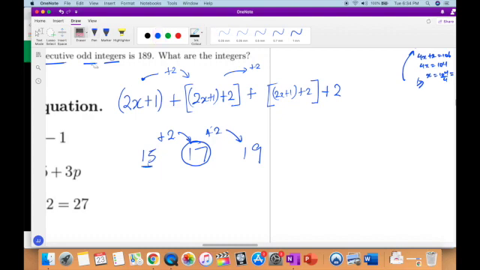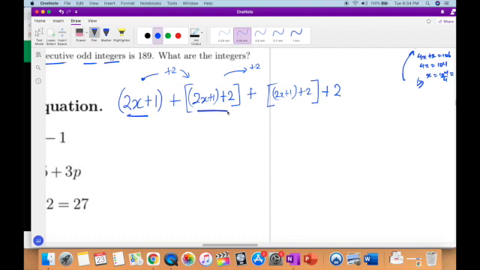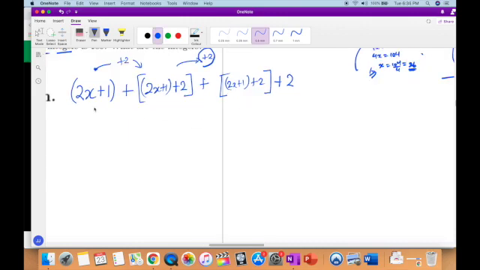So at the end of the day, that's all that I did here. I took this first one and added 2 to get the next one, and then I take this one, which is over here, and add 2 to it to get the last one. So now we could just expand away, now that we have everything.